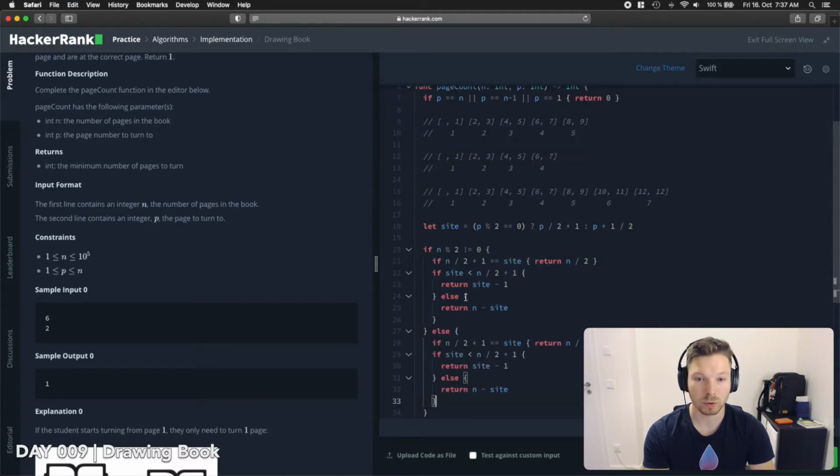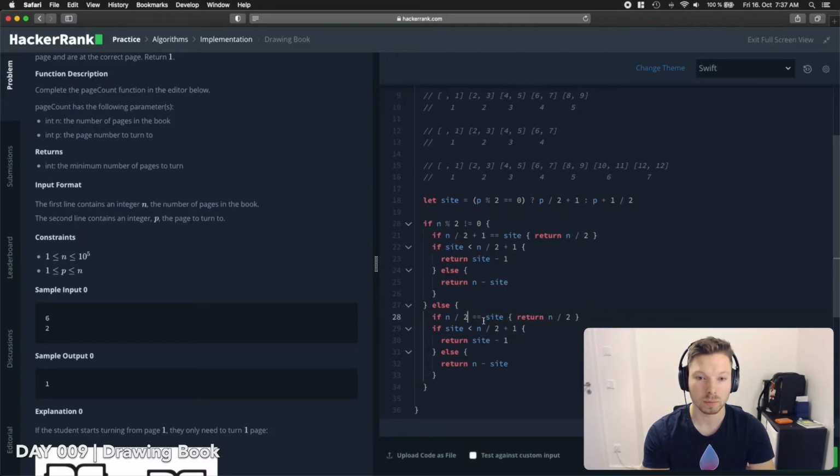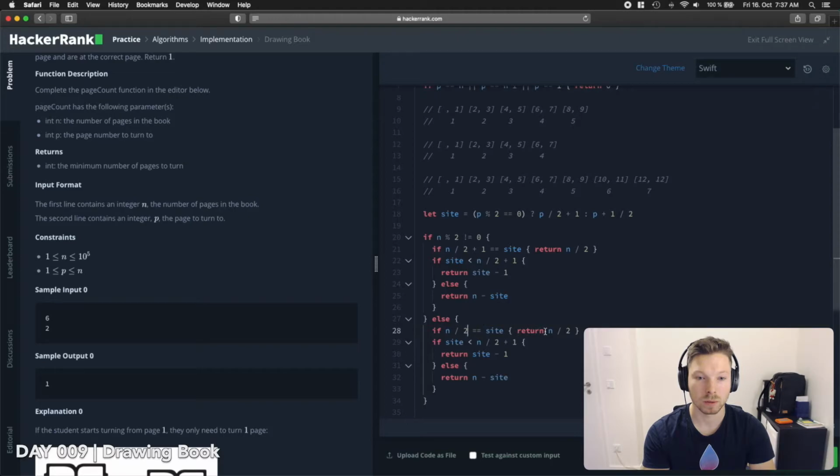Because then we just look for the same without the plus 1, aren't we? If n divided by 2 is equal to side, return n divided by 2. No, surely not, because that's 1 turn and not 2 turns.